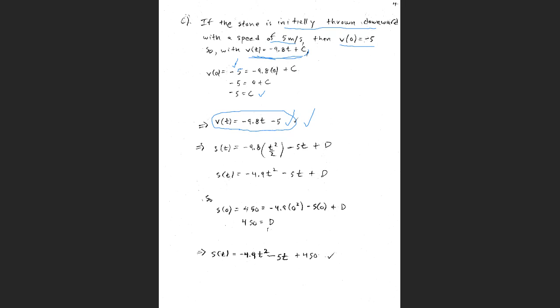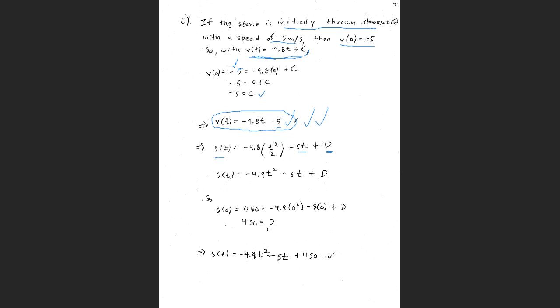Well, the rest of the problem is just similar to what you did in part B. You have to find your new position function, your new distance function, s of t. You're going to take the antiderivative of your velocity. Of course, the antiderivative of -5 is -5t, and now you have the constant d to solve for.